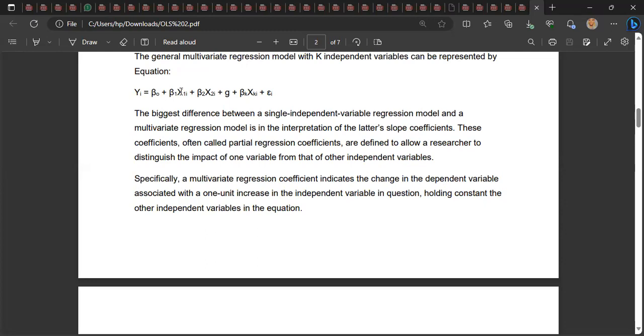If you are going to be interpreting each and every one of them with an equation like this, then you should not fail to mention that you are holding the other ones constant. So this is what you expect to change on your Y, which is a person's demand for a commodity, when, say, the price changes, assuming that a person's income doesn't change, and also that the prices of related commodities don't change.